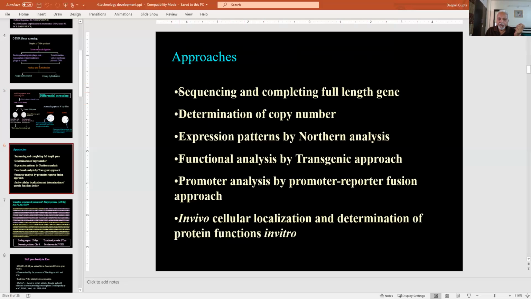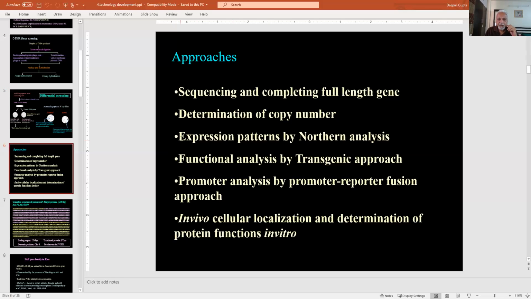But what is important is you need to sequence the gene, and then by doing bioinformatic analysis, you can derive a whole lot of information from that sequence about the putative nature of the gene, what it is and what it may be doing, or whether it is already known in other systems, has somebody already worked on it. All those things can be determined by doing bioinformatic analysis.